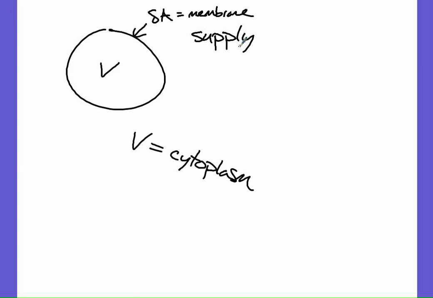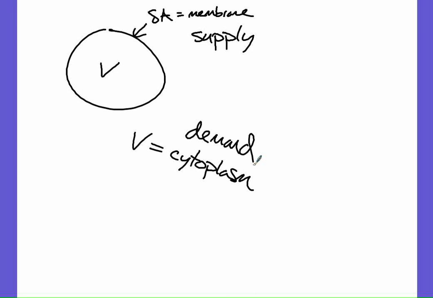So seemingly that supply could get bigger with the bigger cell, but you also have to understand that you have a certain demand in that cytoplasm, and that demand is increasing faster than the membrane is. The volume is increasing faster than the surface area, so the supply might get bigger with the bigger cell, but the demand gets even bigger than the supply eventually. So it's an issue of supply and demand.